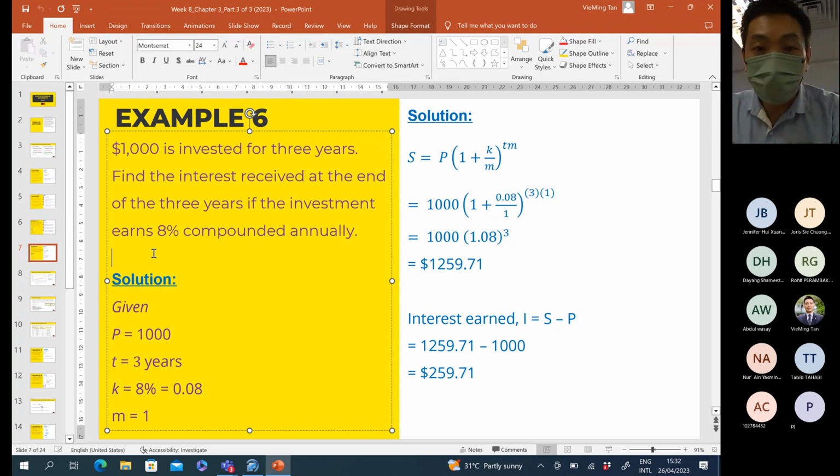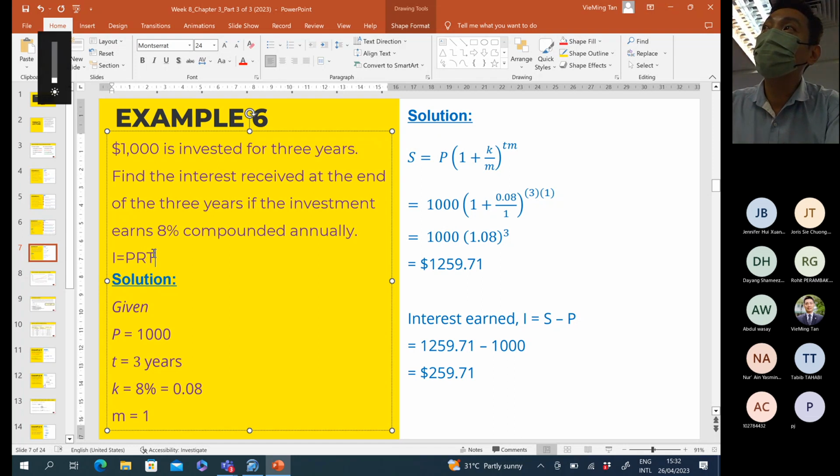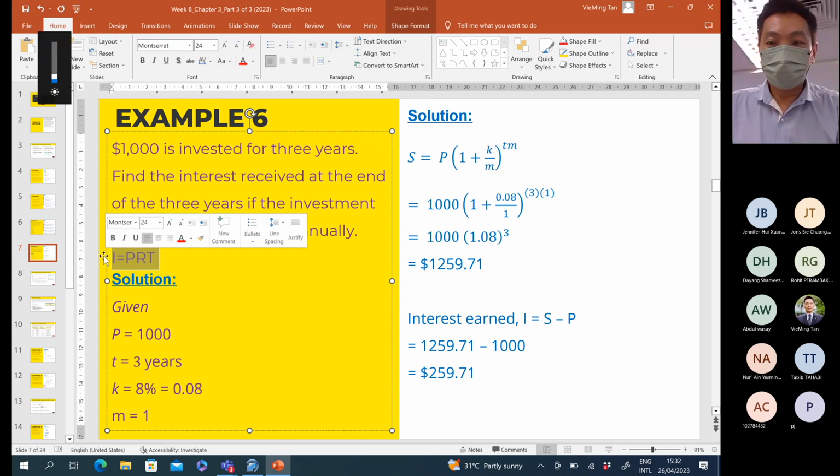As a result, for compound interest, this formula is no longer applicable. You cannot use it for any compound interest calculation. So I delete this one. Cannot use for compound interest.